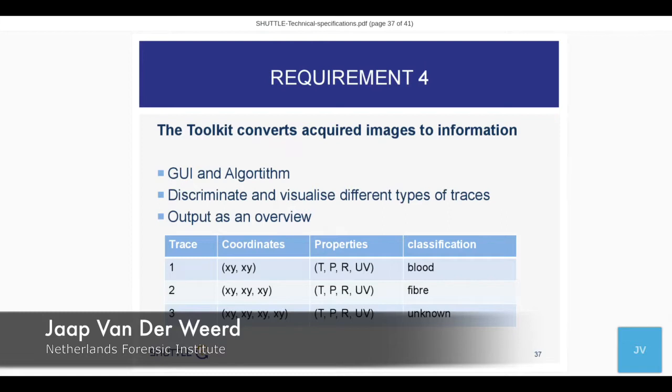Requirement 4: the toolkit will convert acquired images to information. We will require it to be a solution that consists of two parts, one is the GUI, the graphical user interface, and one is the actual algorithm, which contains a typo here, sorry for that.